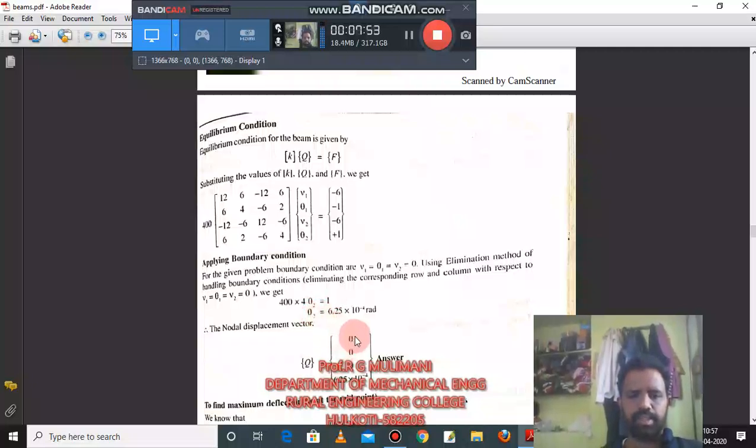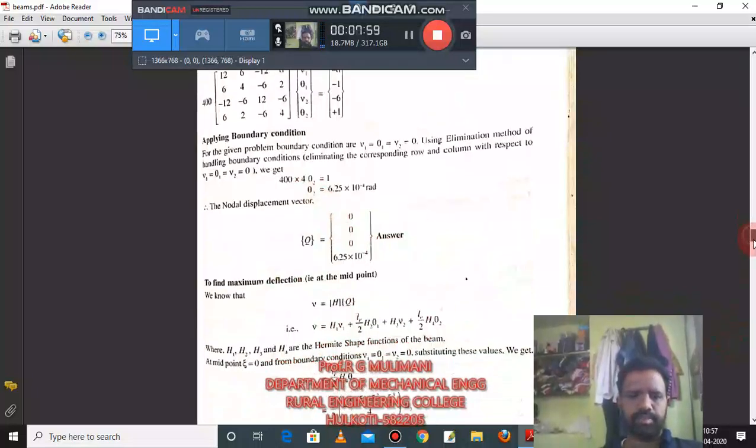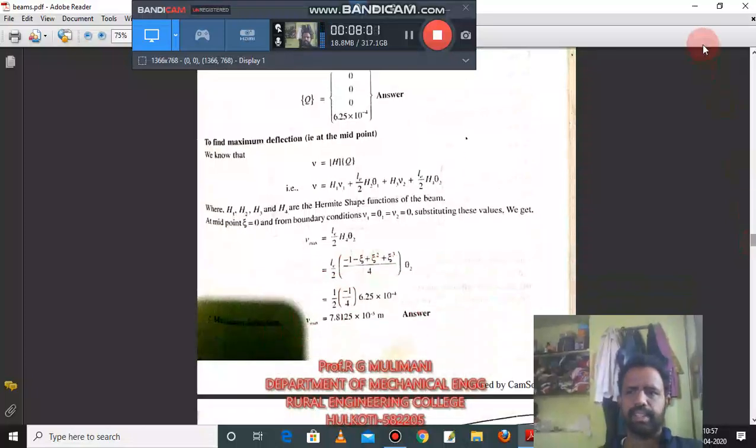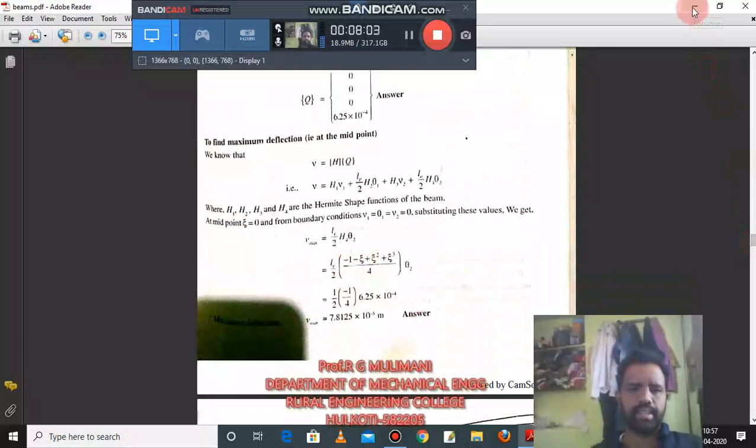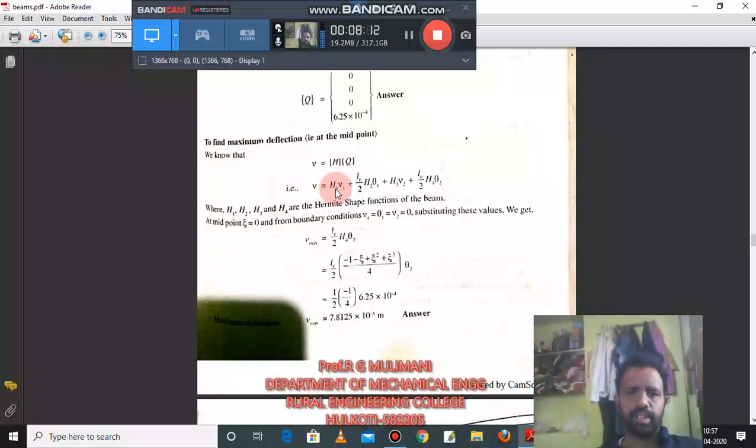So nodal displacements are 0, 0, 0, and theta 2 is equal to 6.25 into 10 raised to minus 4. And to find the deflection, usually when the loading is uniformly placed, the deflection is at the midpoint. So V is equal to HQ. You substitute all the values here: H1 V1, LE by 2 H2 theta 1, H3 V2 and LE by 2 H4 theta 2.